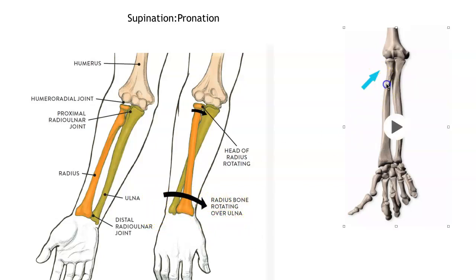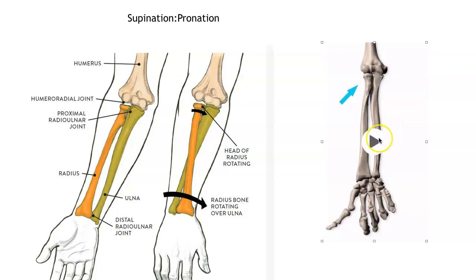So let's see. I got this little video. This is kind of cool. So just look at what's happening at this proximal radioulnar joint. The head of the radius is going to be rotating right with the ulna at the radial notch. Here the hand is in supination. The radius is right here, and then in pronation it's going to go over.